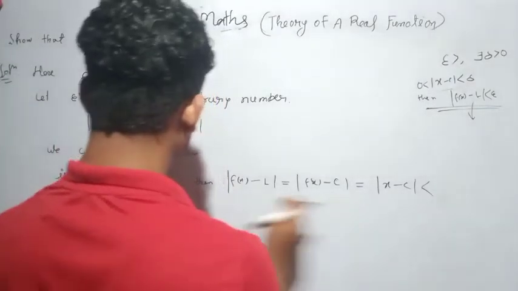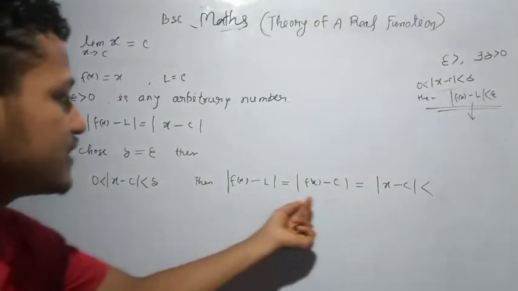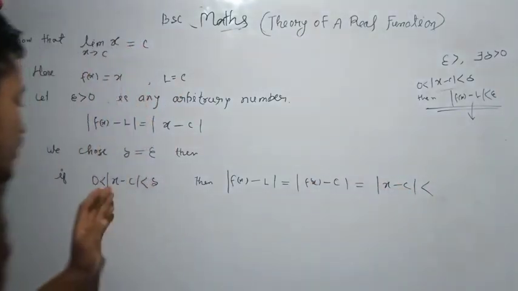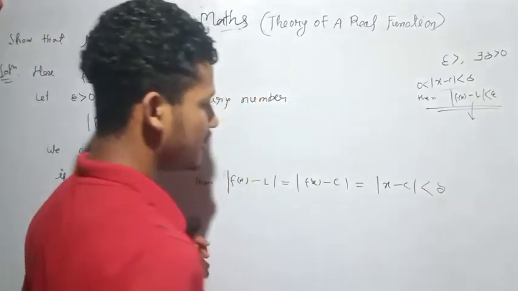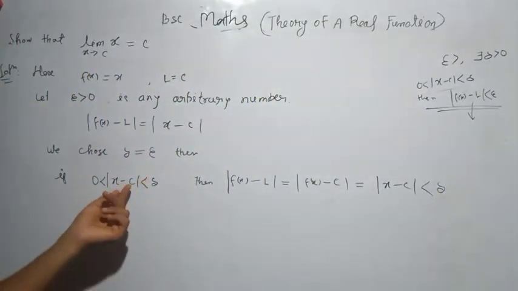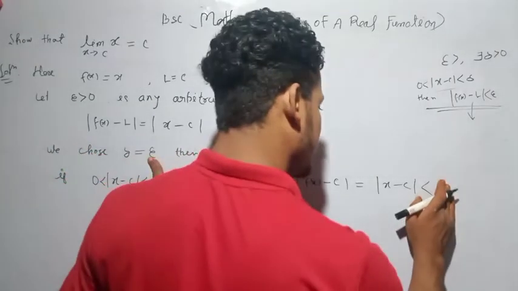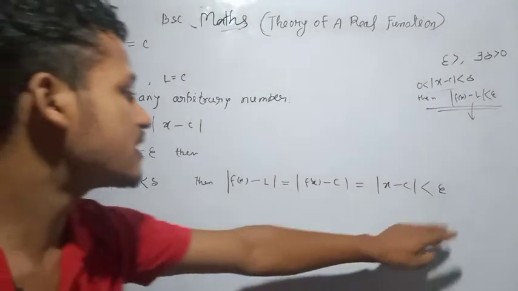Since modulus of x minus c is less than delta, we can write here delta, and what we know is delta is equal to epsilon, so we do not write delta here. This is less than epsilon because delta is the same as epsilon.